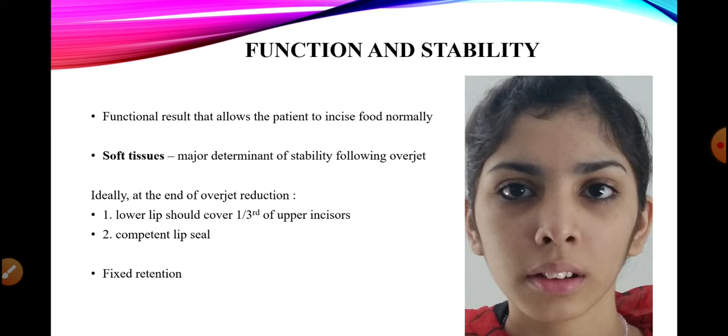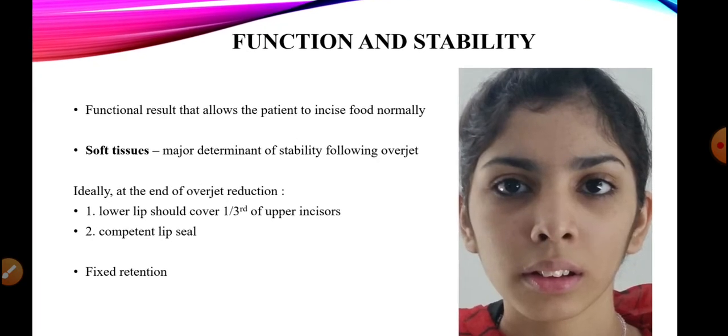So, what is the major determinant of stability in class 2 division 1? In cases of class 2 division 1, the soft tissues are the major determinant of stability following the treatment. Now, how are they the major determinant of stability?